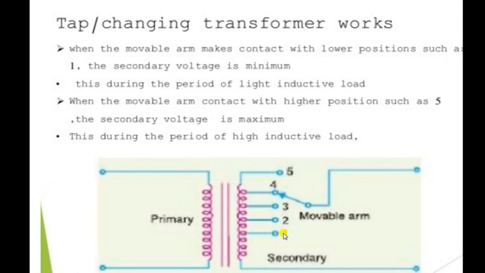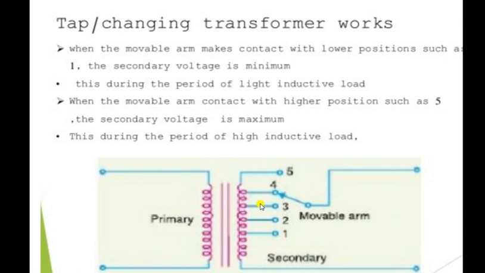That means if we have selected tap position 2, it may be a 2% rise in the nominal voltage, and so on. If it is tap number 3, it may be a 4% rise in the nominal voltage, and so on. Here we have shown that the tap changing facility is there only on the secondary side, and as I mentioned, this secondary side will be the HT side.